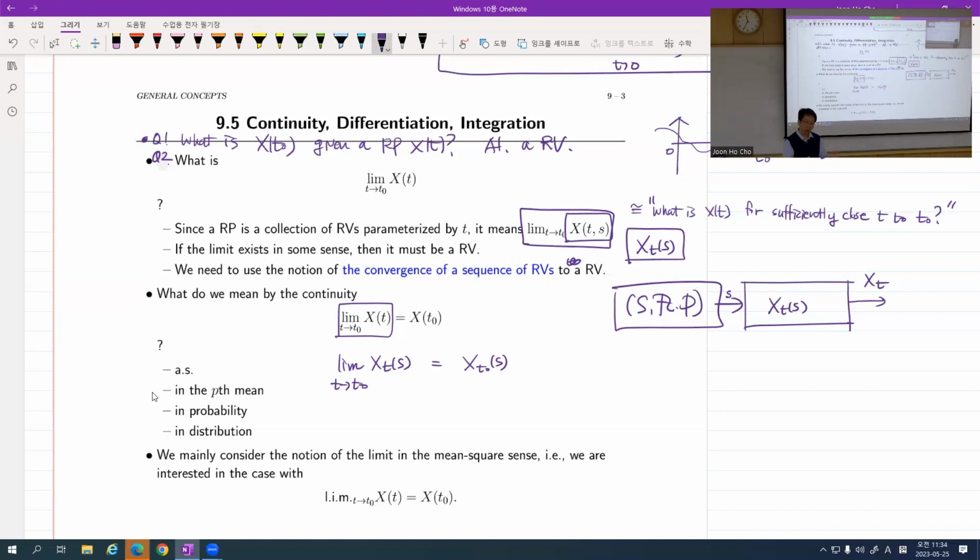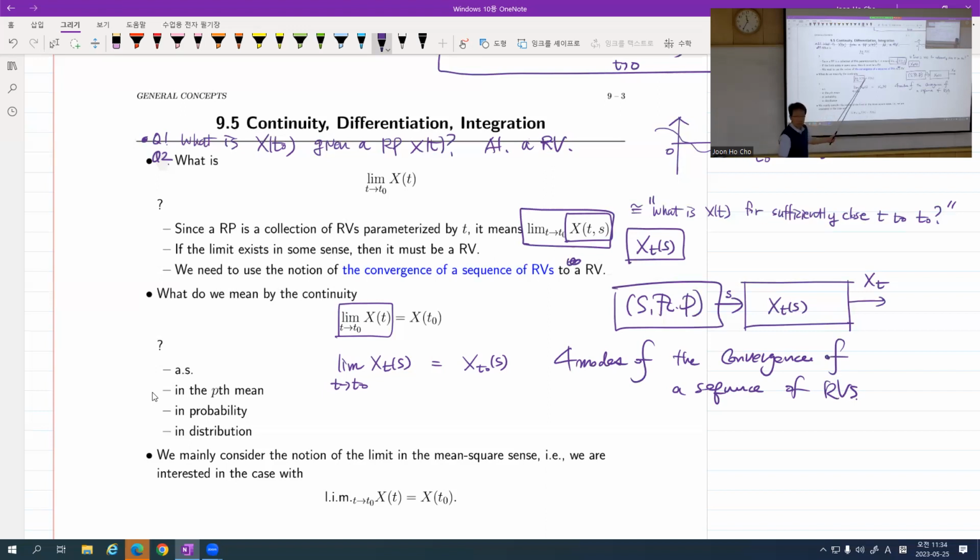Nothing but that topic. And you know, this convergence has four modes: almost sure convergence, in the p mean, in probability, and in distribution.